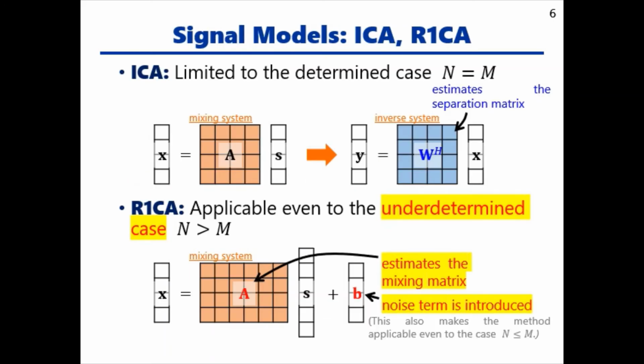This slide compares the signal model in ICA and that in R1CA. ICA estimates the separation matrix modeling the inverse system of the mixing system. This makes ICA inapplicable to the underdetermined case, where the separation matrix is not well defined.